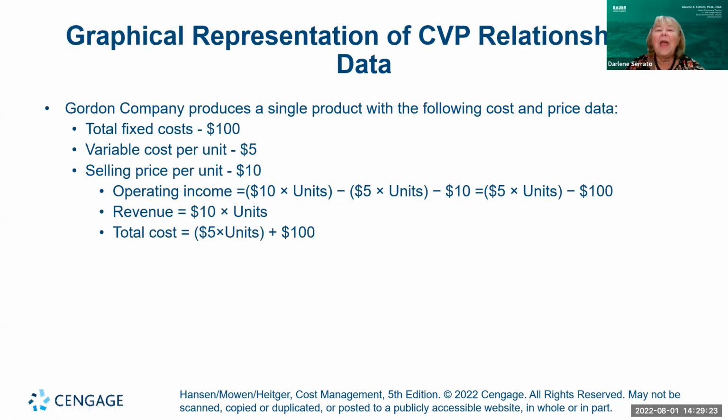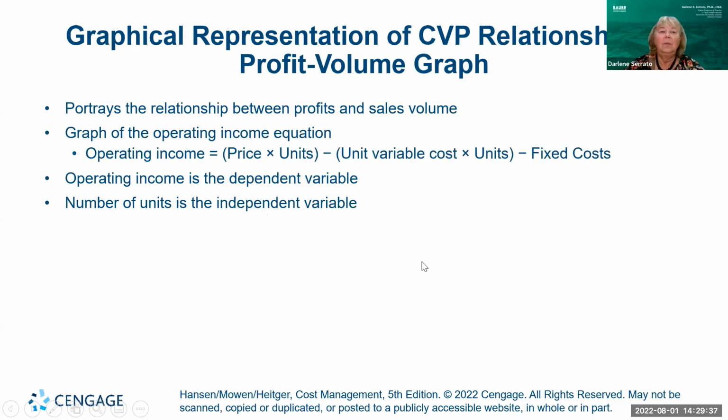So, graphing CVP relationships, okay? You have a total revenue line and you have a total cost line. So, you're looking at the difference between profits and sales volume. Remember, operating profit is sales revenue minus your variable expenses minus your fixed cost. Operating income is the dependent variable.